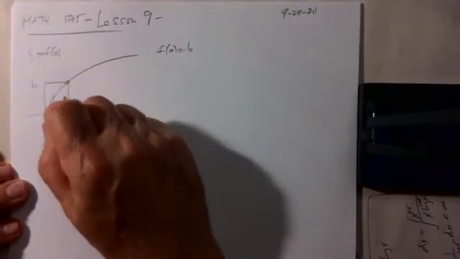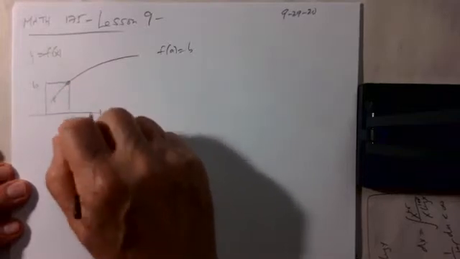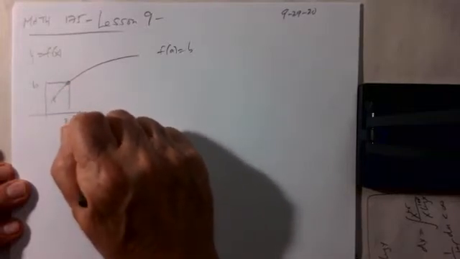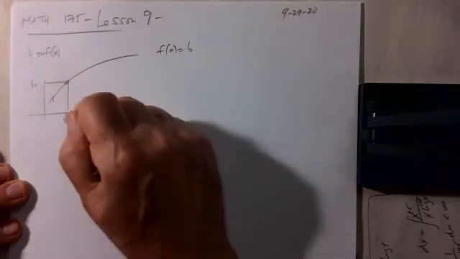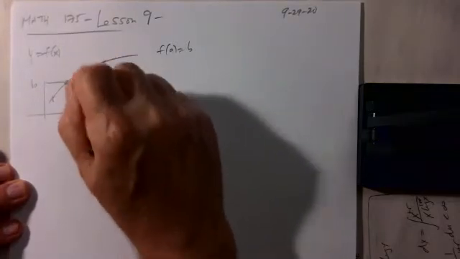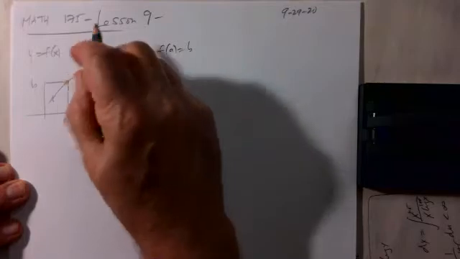And we want to have some idea about how slowly or rapidly the function is changing at this point. So if I take a point a plus, let me just call it a plus delta x, move a little bit, let's say, to the right. Here's the corresponding point on the curve.